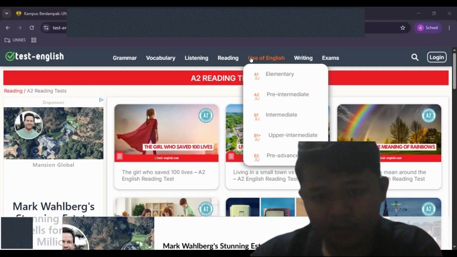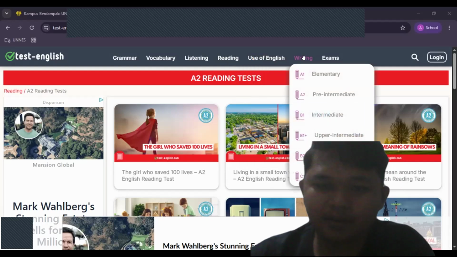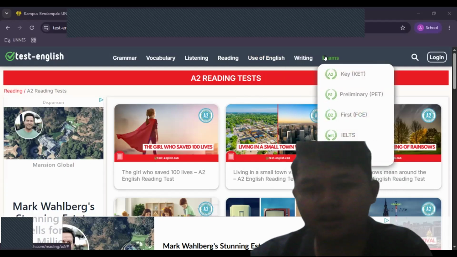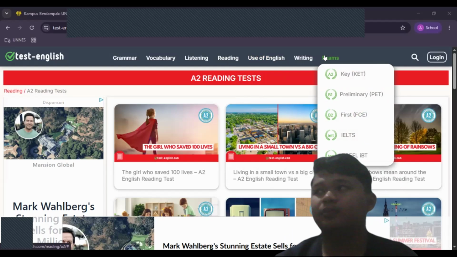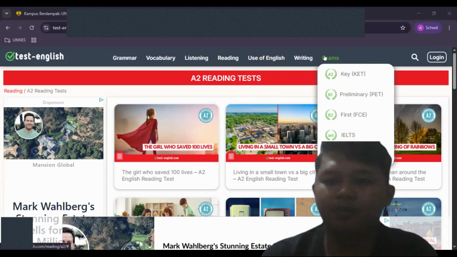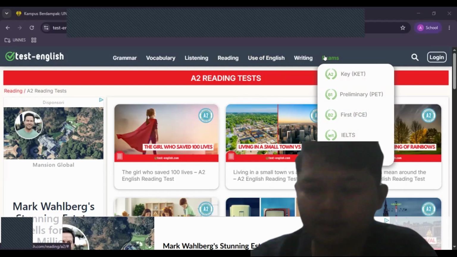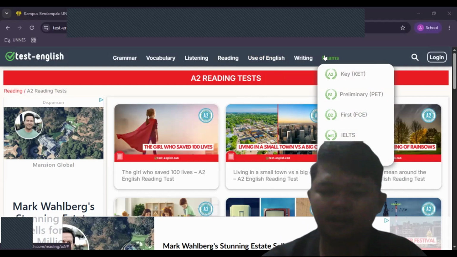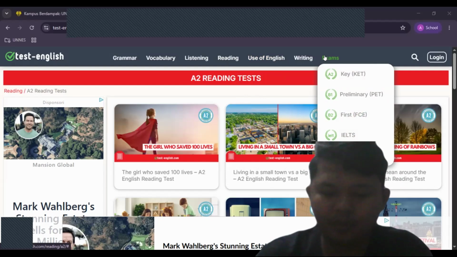But in this one, I don't think there is an advanced version, right? And the next is writing. And the last one, exam. It's like when you guys want to have a formal assessment, and the assessment is also known by other people.